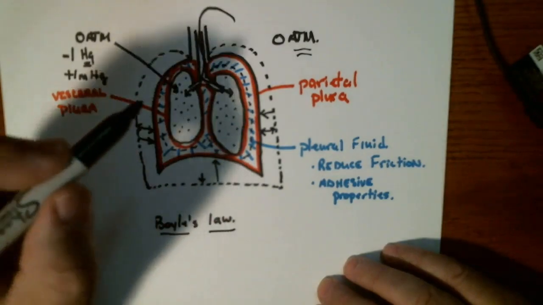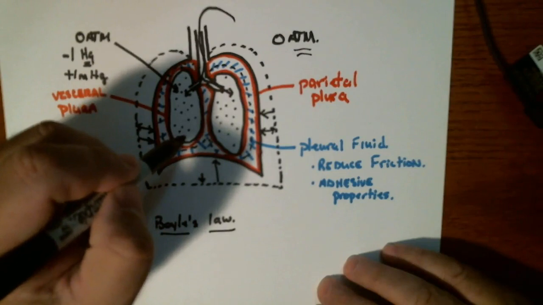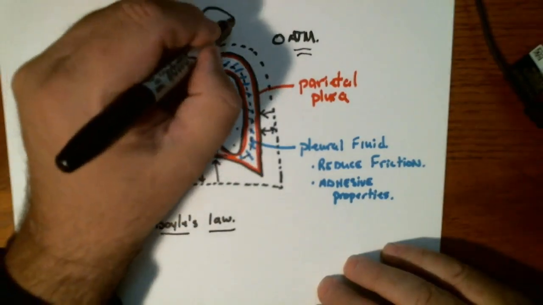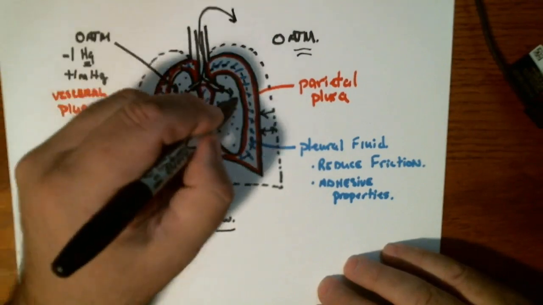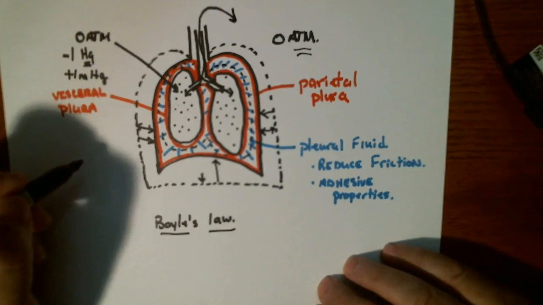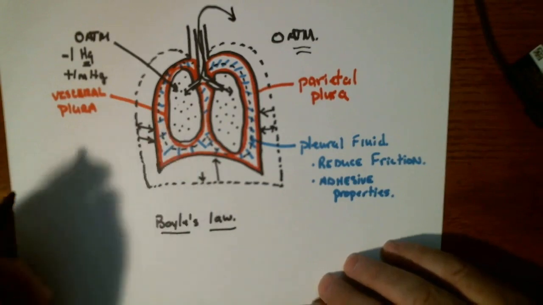So what's going to happen? Again, the air is going to flow along its pressure gradient from where the high pressure is to where the low pressure is outside the lungs. So now the air is going to flow back out of the lungs. So I hope this diagram helps you to understand a little bit better how ventilation occurs.